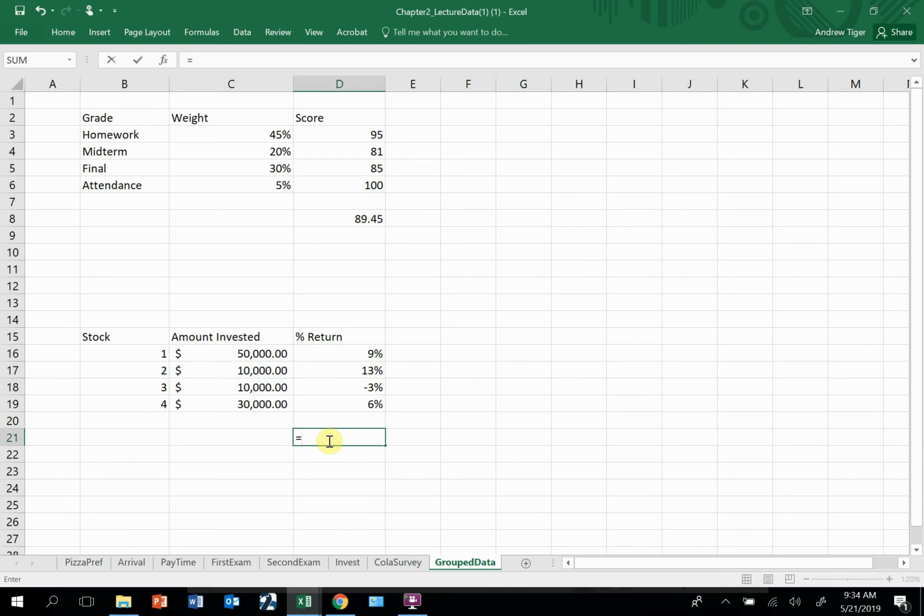I can do the same thing if I use the sum product formula. Against these.